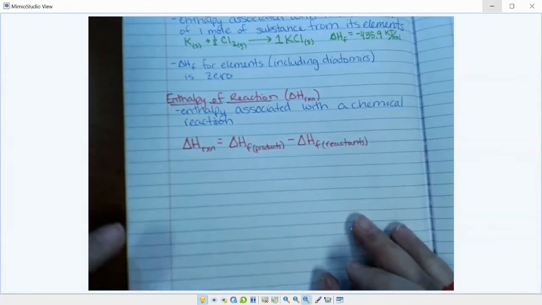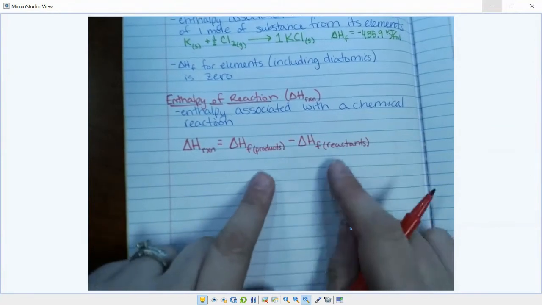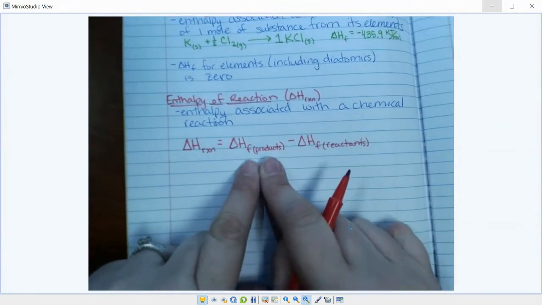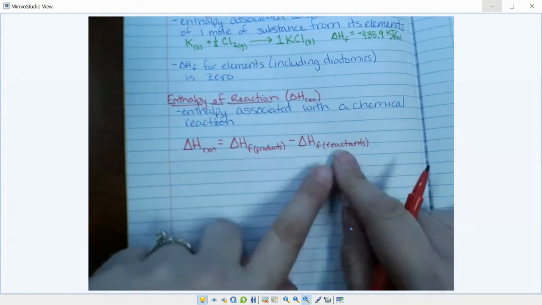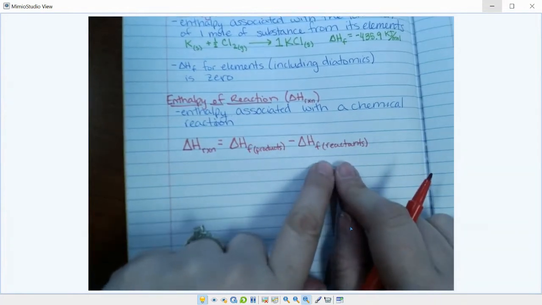It seems really complex, but it's really not that bad. All you have to do is you take the total enthalpy of formation of your products and you subtract the total enthalpy of formation of your reactants.